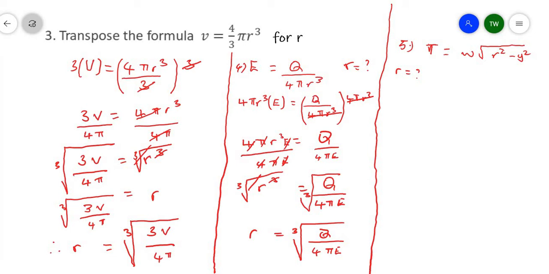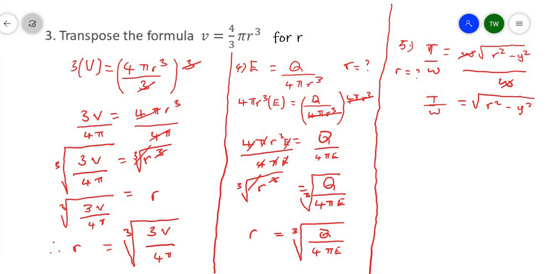It is being multiplied by W. So in order to transfer this W to the other side, you need to do the opposite, which is to divide both sides by W. We divide this side by W and we divide this side by W. Clearly here, W in the numerator will cancel out W in the denominator. So what we have left on the right is just the square root of R squared minus Y squared. And over here, we end up with a fraction, which is just T over W.